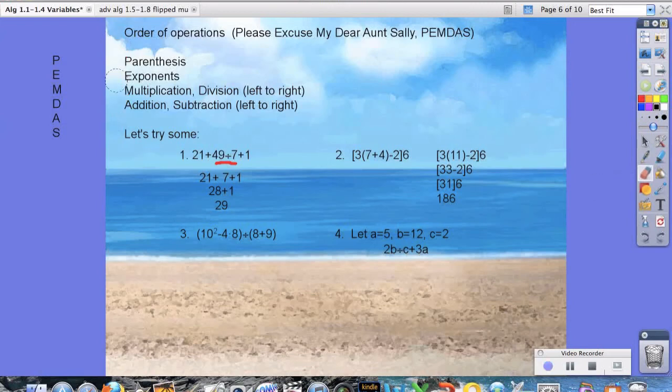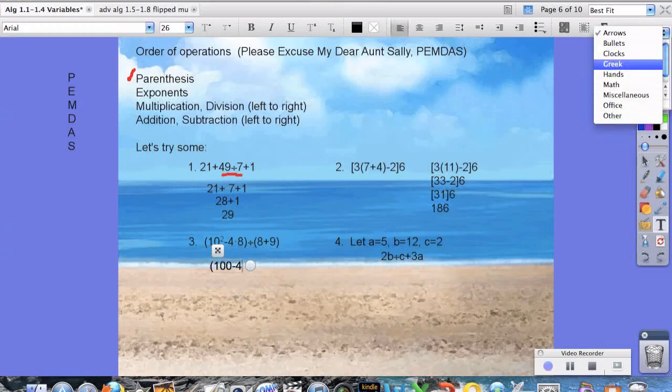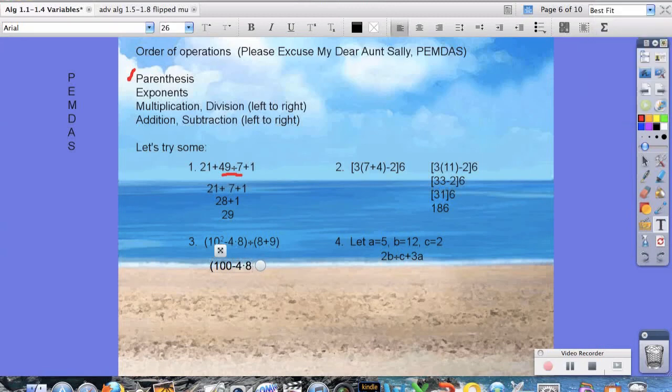So last 2, we're going to do those as well. Parentheses, yes, we have them. So in our parentheses, we have 10 squared, which is 100, minus 4 times 8, divided by 8 plus 9, which is another set of parentheses, so that's 17.